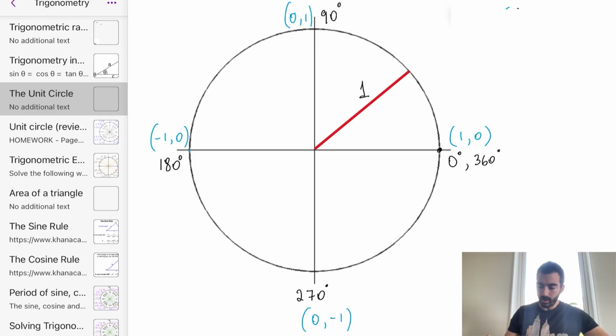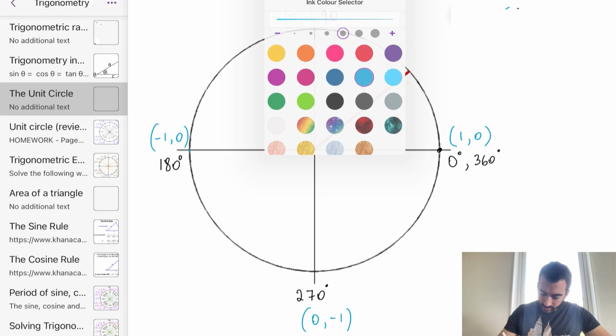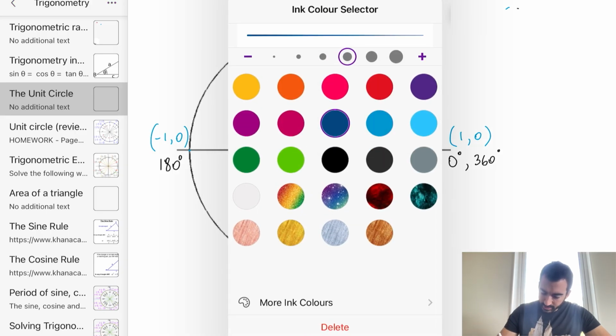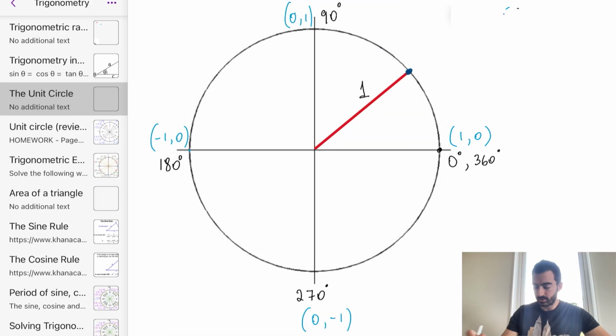Okay, now let's say we have this point P over here, and we want to find its coordinates. I am going to draw a right angle triangle over here. This is my right angle triangle, and this is the angle theta.